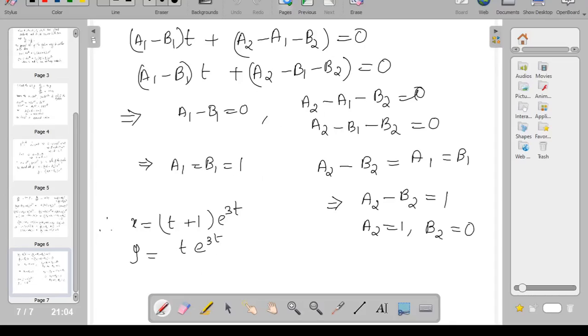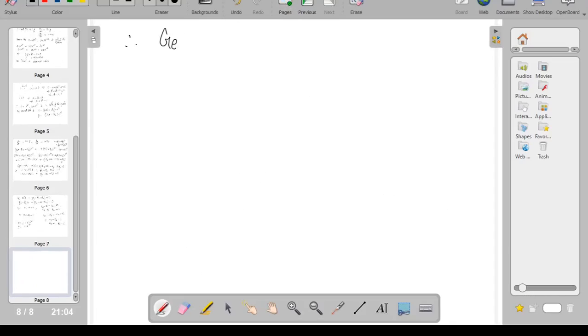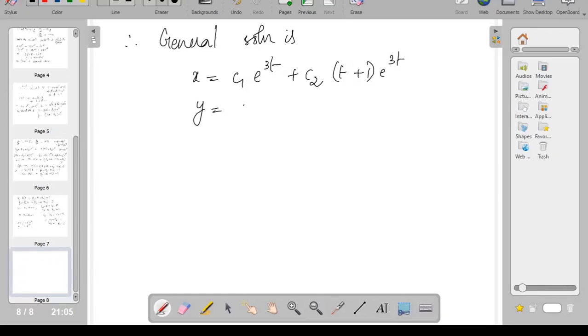So the general solution is x equal to c1 e raised to 3t plus c2 times t plus 1 times e raised to 3t, and y is c1 e raised to 3t plus c2 t e raised to 3t. So that is the required general solution, where c1 and c2 are arbitrary constants.